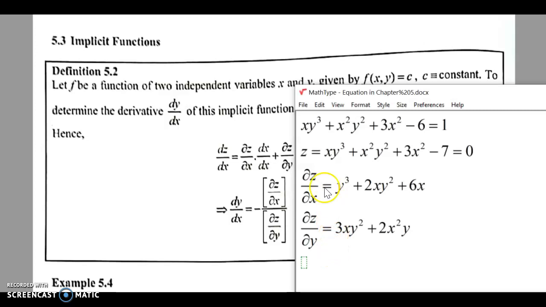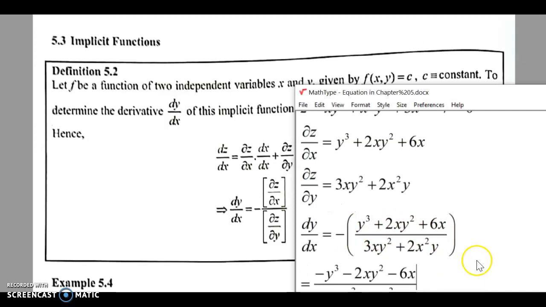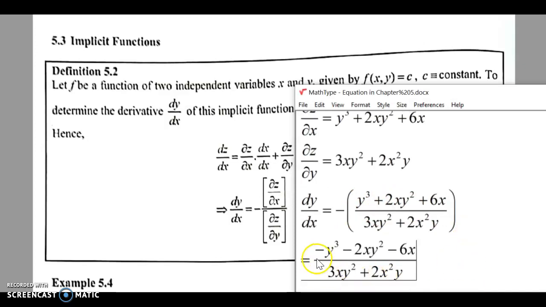After you have these two functions, the next step will be to substitute them in this formula. So this is what you should get. And to simplify it even further, because we have a negative here, this is actually what you should get.